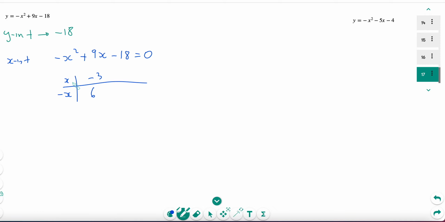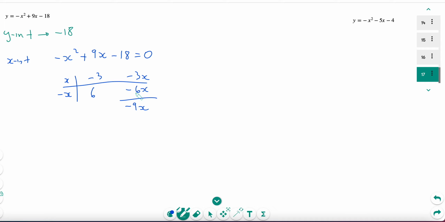Then x times negative 3 is negative 3x. Negative x times 6 is negative 6x. Negative 3 minus 6 is minus 9x.